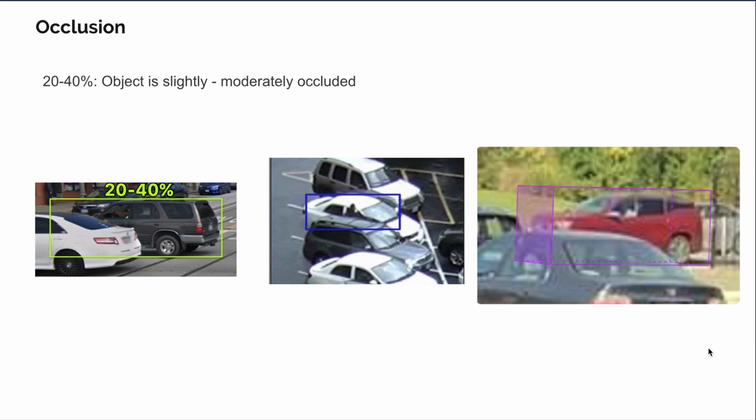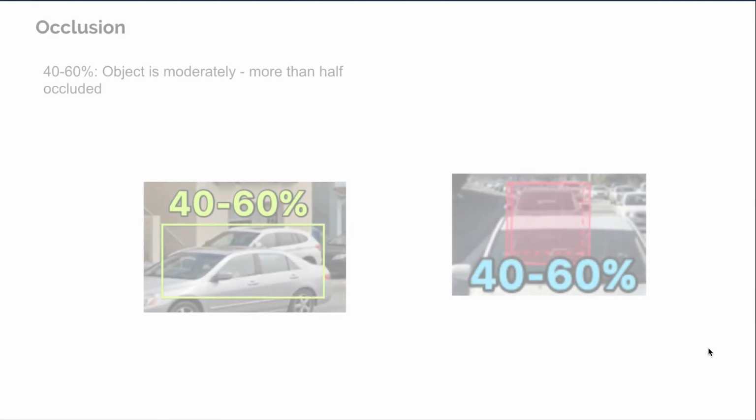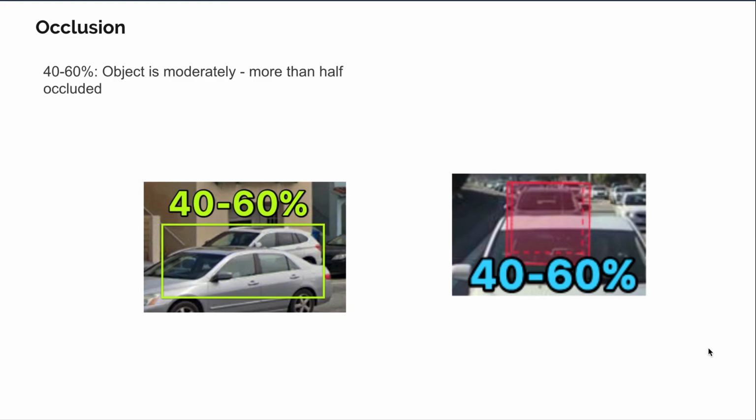And now onto the next level of occlusion, which is 20 to 40%. With 20 to 40%, that means the object is slightly to moderately occluded. We could see most of the vehicle, but it is being covered up slightly. And then 40 to 60% means that the car is more occluded, moderately occluded to more than half occluded.